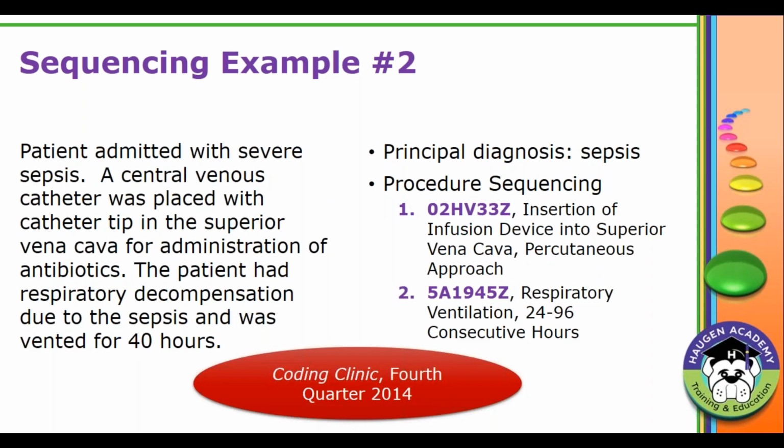Second example, we have a patient admitted with severe sepsis. A central venous catheter was placed with a catheter tip in the superior vena cava for administration of antibiotics, and the patient had respiratory decompensation due to sepsis and was vented for 40 hours. Again, the principal diagnosis here is going to be the sepsis, and our procedure that is most closely related to that diagnosis is the placement of the central venous catheter for the antibiotics.